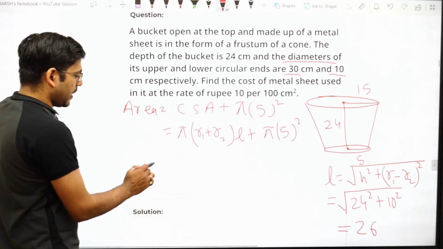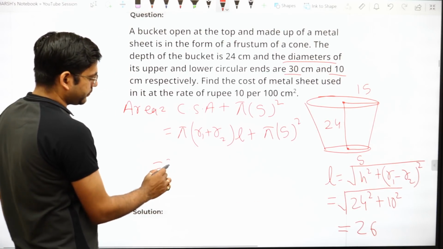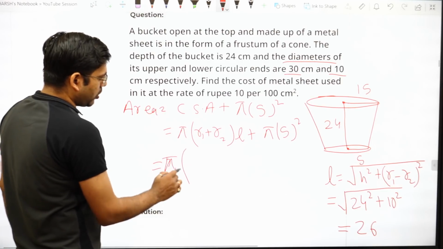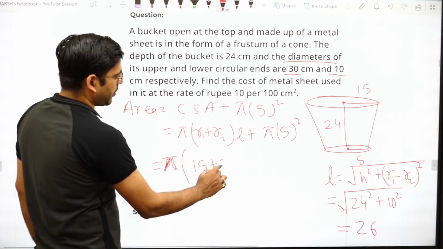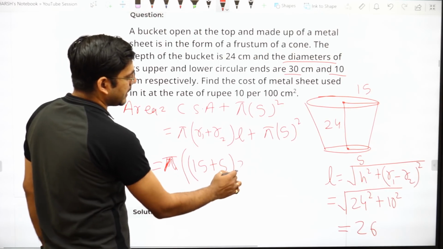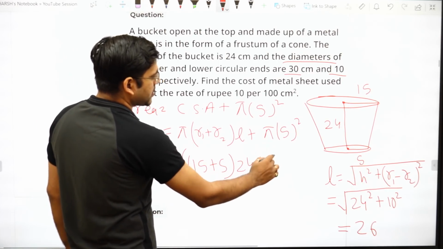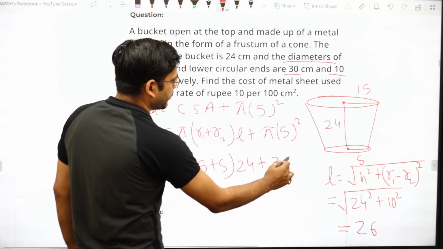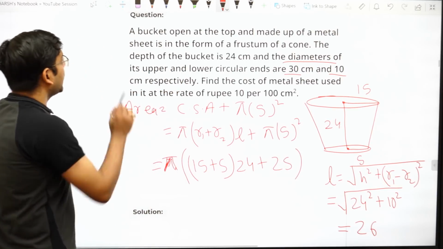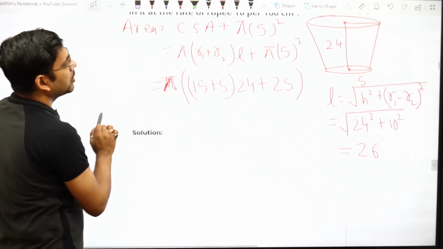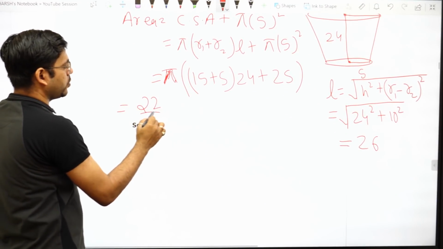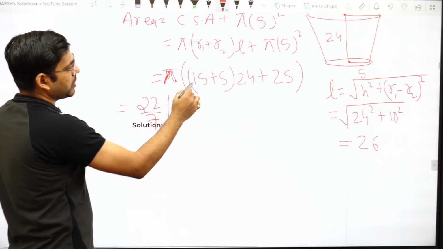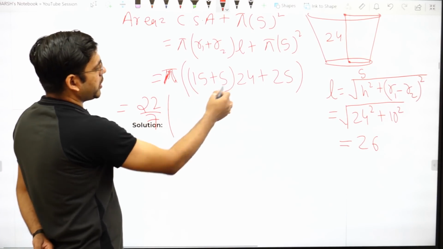So using all those values, I am taking pi common, and the remaining is r1 plus r2. So I am writing down 15 plus 5 into L, that is 26, plus 5 square, that is 25. Now solving the value, we will be getting pi, that is 22 by 7, in bracket 15 plus 5, 20 into 26.